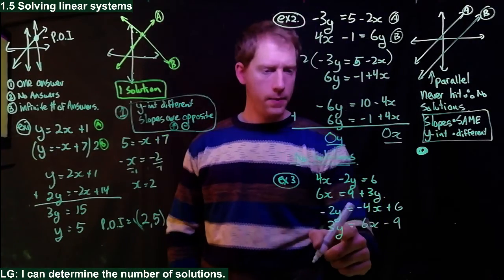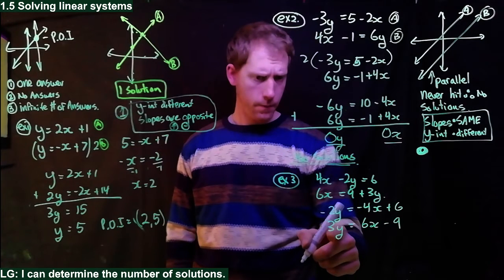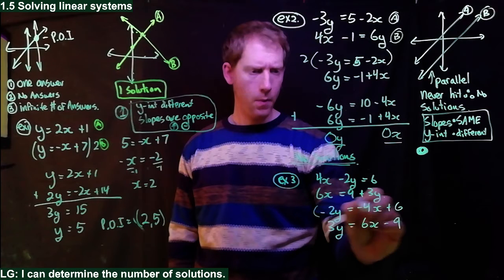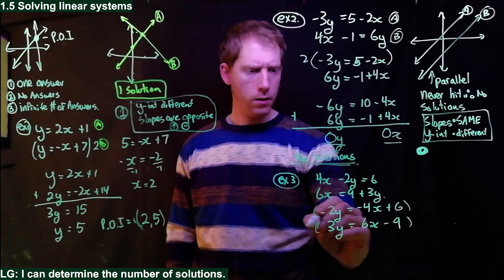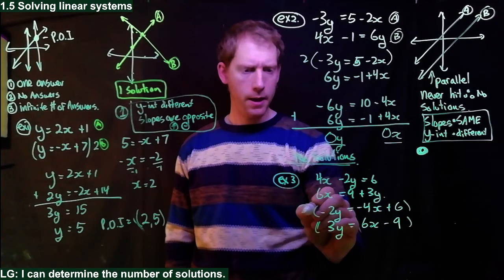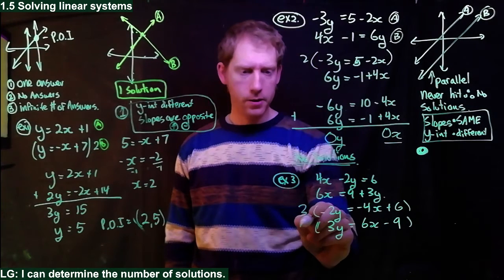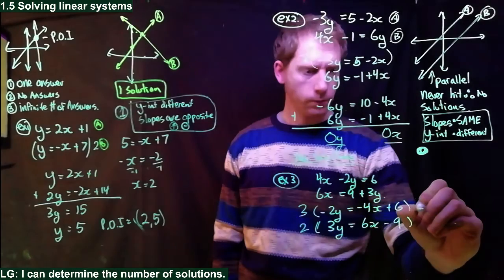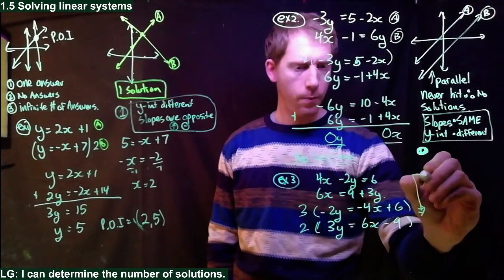To get them the same, I can multiply this by 3 and this by 2. So my new equations then are, let me move it up over here.